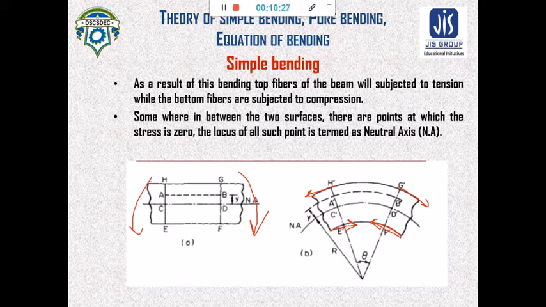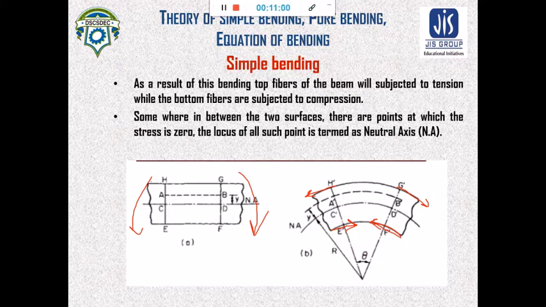Now in between these two fibers, there must be a surface, or a point, in which the stress is zero. The locus of all these points is known as the neutral axis. So what is the neutral axis? The neutral axis is the plane, or the axis of no stress, or zero stress axis.